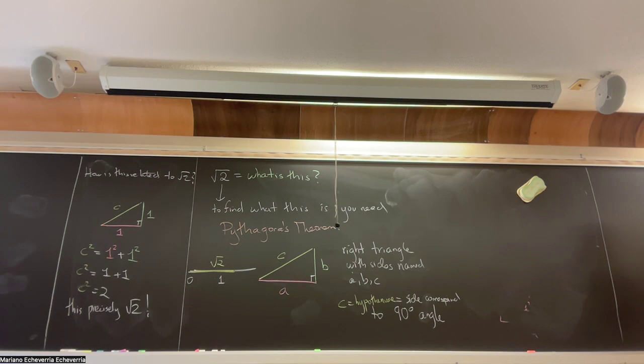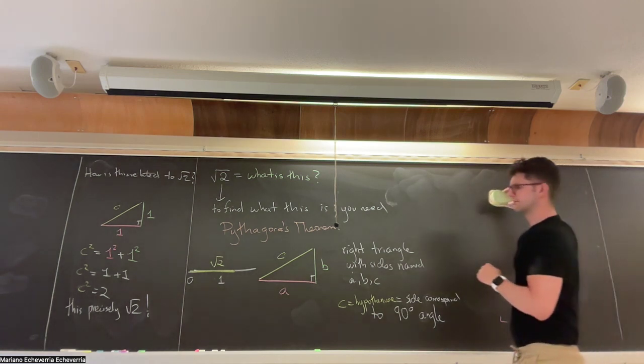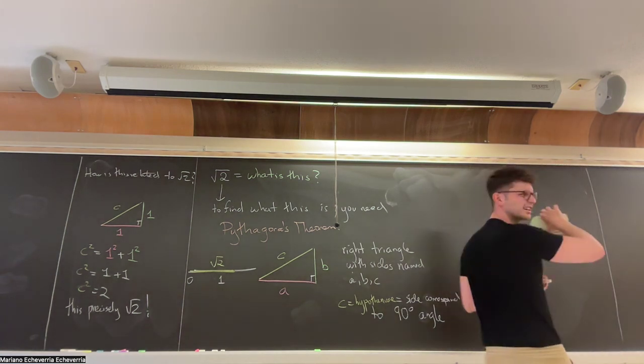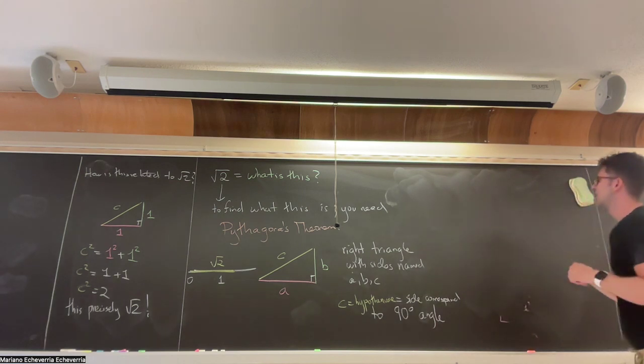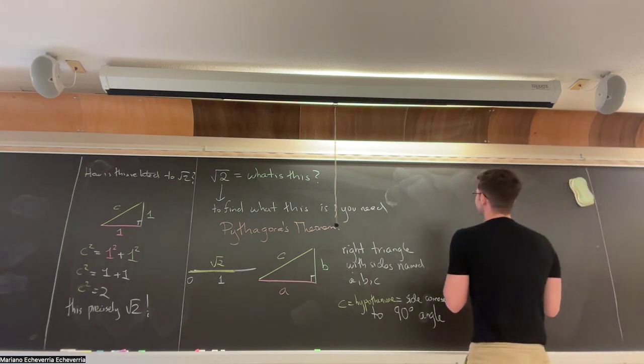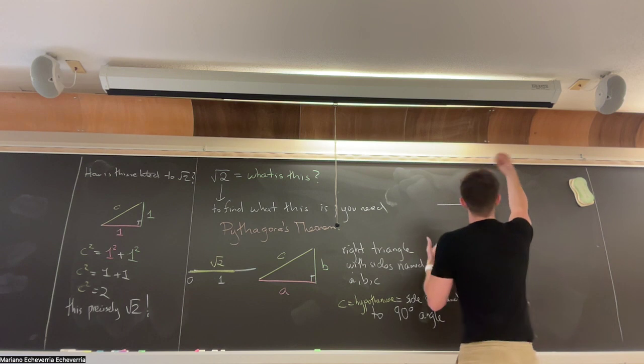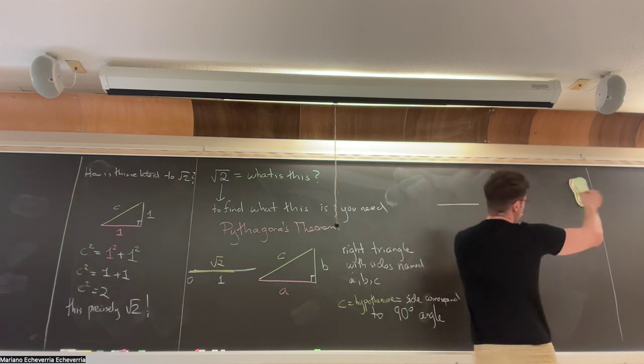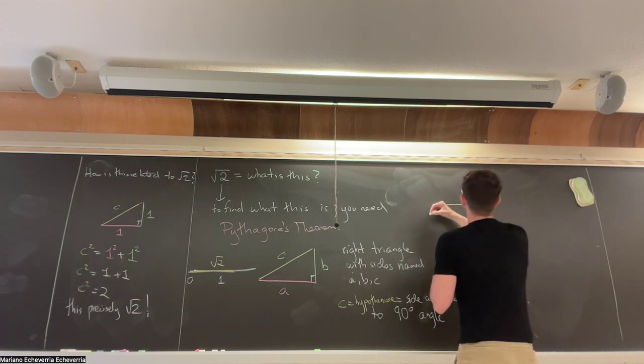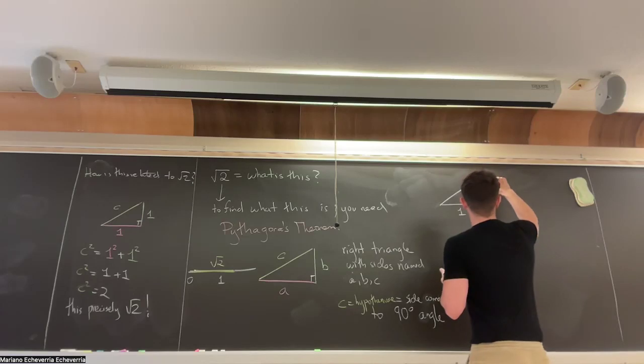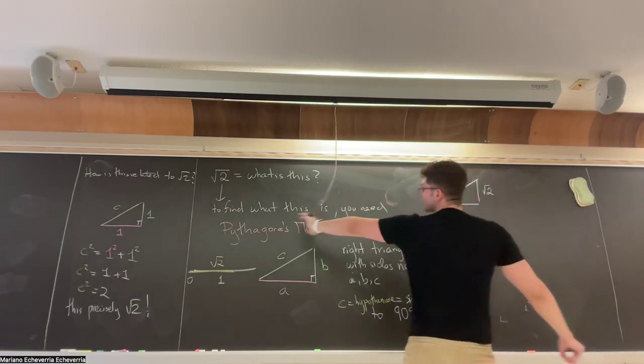Here's another one. Did I answer your question? Here's another example. Not that we're going to get into this, but you would think about it in general: if now you make another right triangle, one of the sides is one, the other side is square root of two, because now you know that that one does exist.